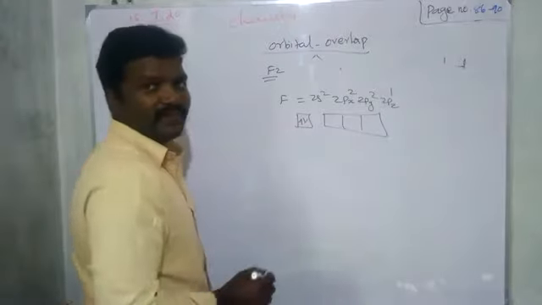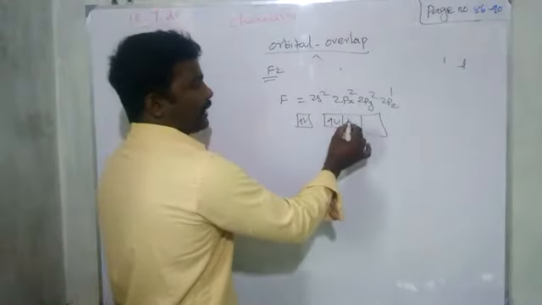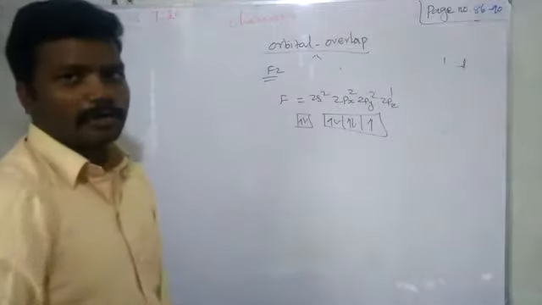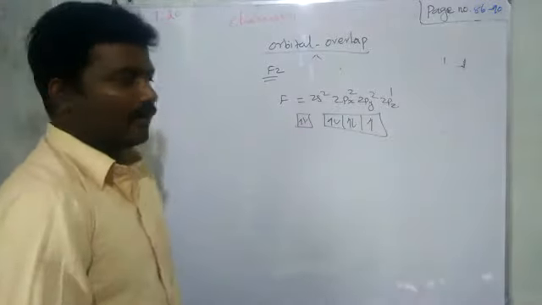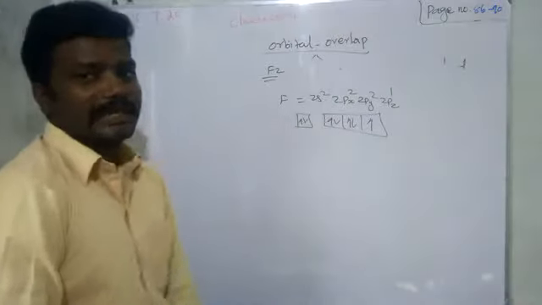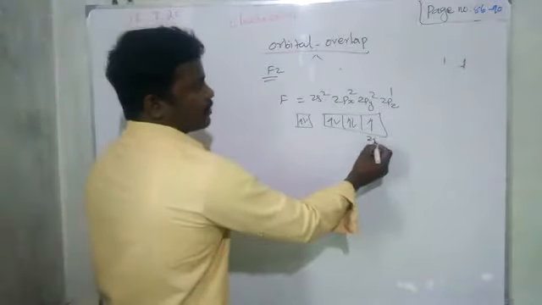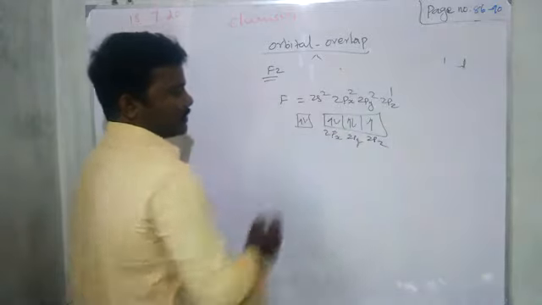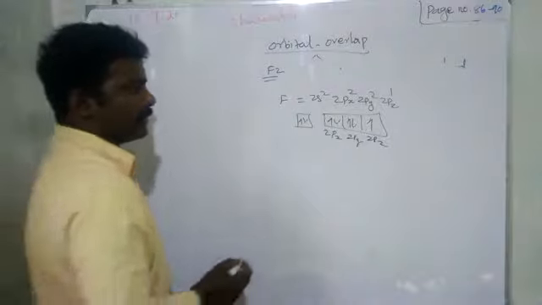P orbital means 3 orbitals, 2 electrons in X, Y also 2, and Z having 1. Already we know that only a half filled orbital undergoes the overlap. Only one is half filled, that belongs to the 2pz axis. Orientations are like that.